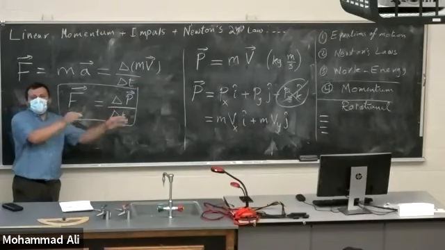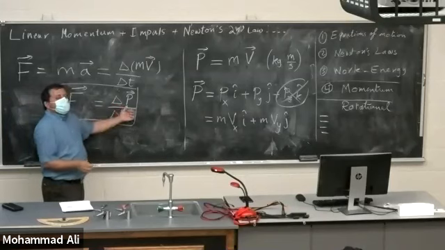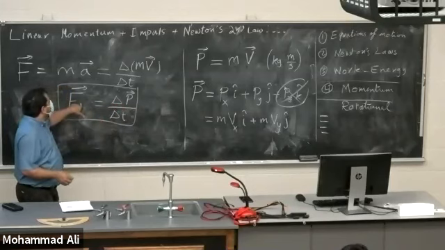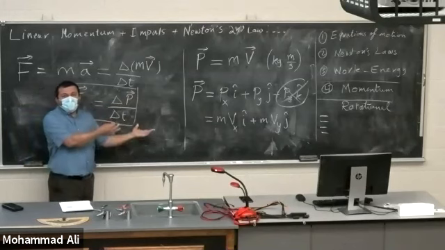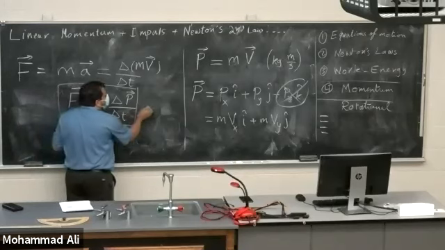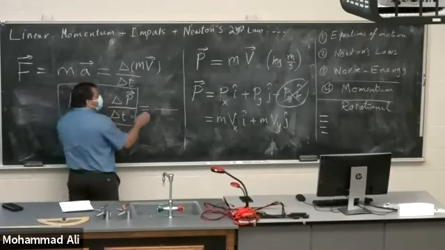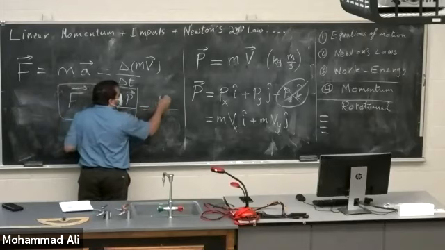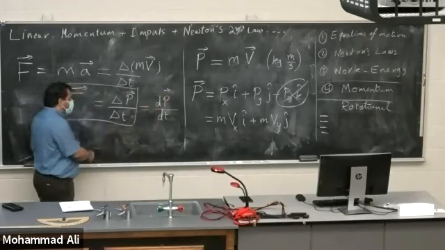We will see what the momentum means. But now let us see this relation. The force is the rate of change of the momentum with respect to time. This is the average. For the instantaneous, we need the time and the momentum to go to small changes, which is dp over dt, the first derivative of the momentum.